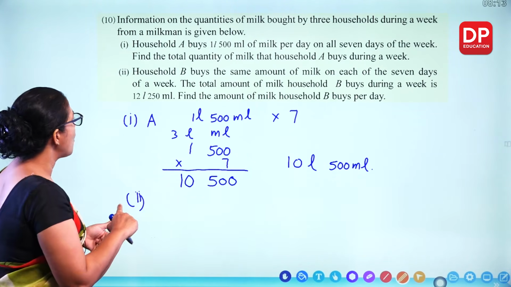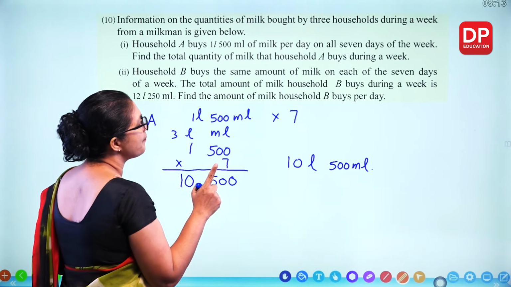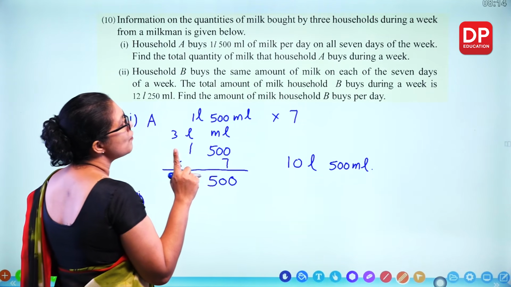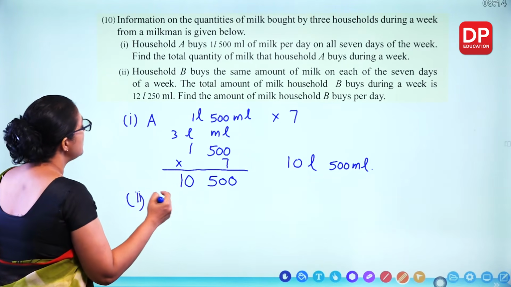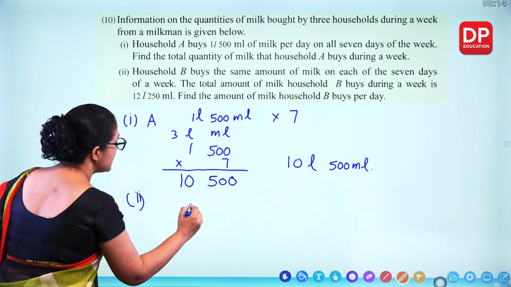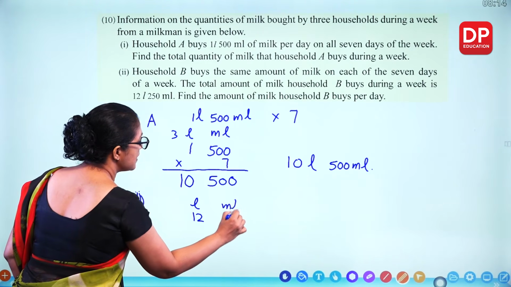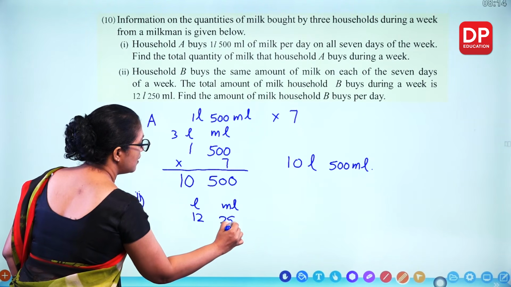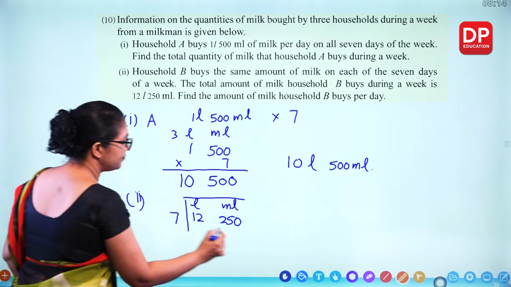So the other way around. The total is given. So 7 days for the week, and you have to divide this by 7. So we'll do that. Liters and milliliters. We'll divide this by 7.